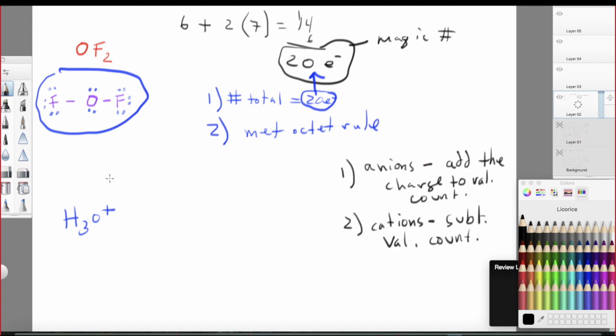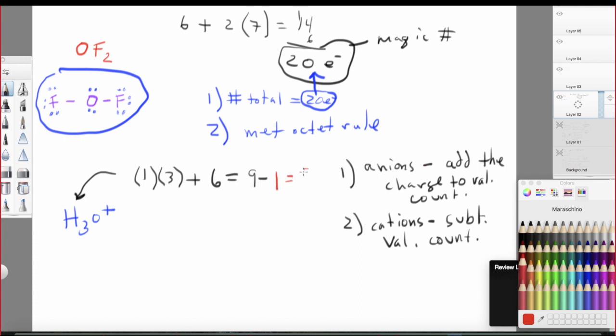Okay, so let's check this out. Firstly, in the valence count, we're going to have hydrogen, which is a valence of 1. There are 3 of them. And then we're adding that to oxygen, which comes from group 6A, for a total of 6. All right, that's going to give us 9 for the total valence count, but we need to subtract the charge, which is 1.